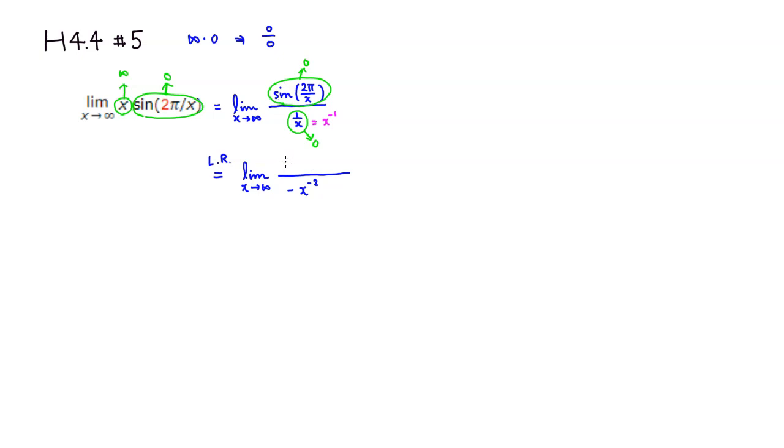The derivative of sine is cosine, so you have a cosine of 2 pi over x, but we have to take the derivative of this. 2 pi over x can be rewritten as 2 pi times x to the negative 1.